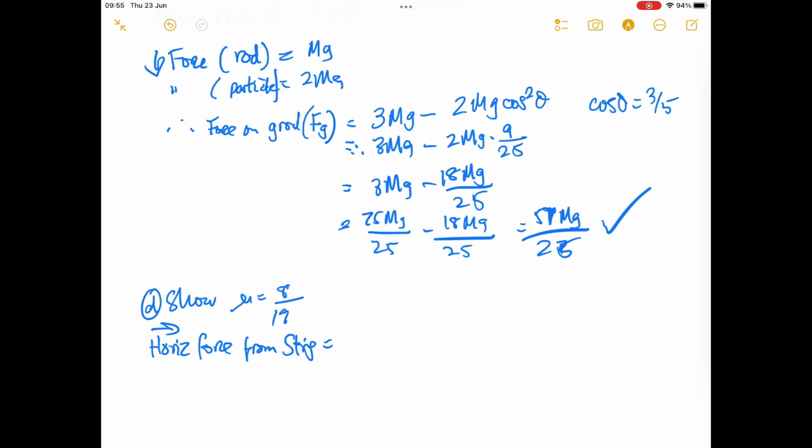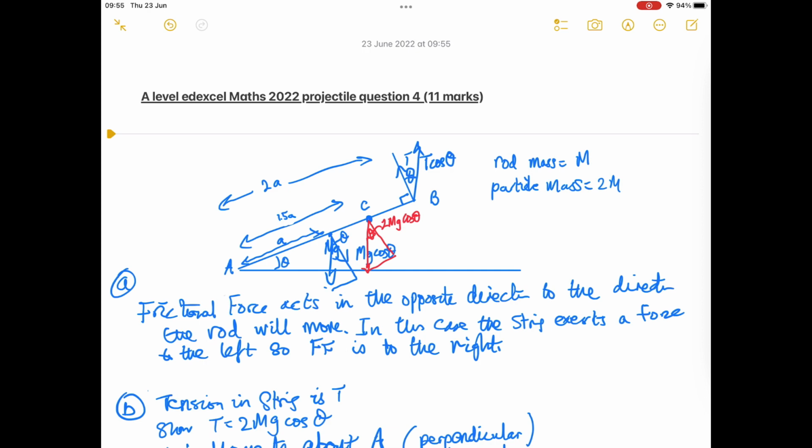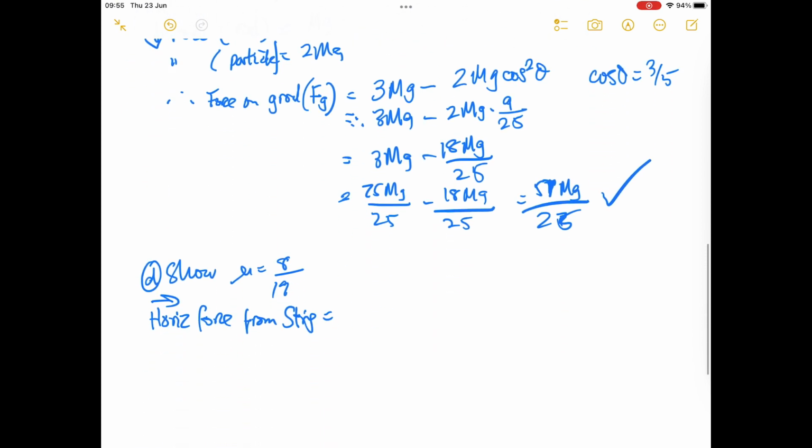So let's look at the horizontal forces. So the horizontal force on the string is T sine theta. Okay. And you know cos theta is 3/5, so sine theta is going to be 4/5. So, you know, something quite simple.